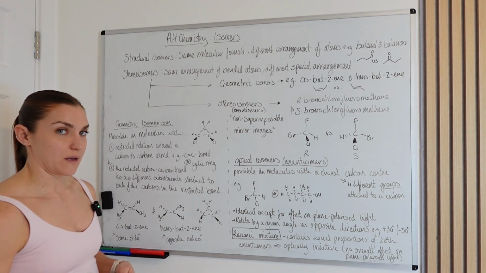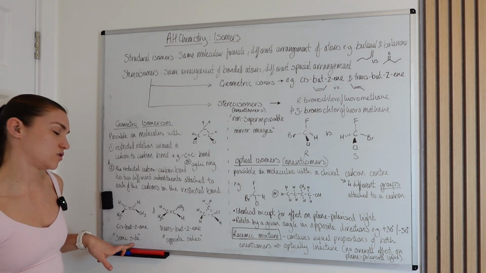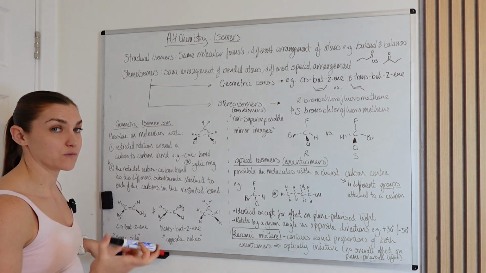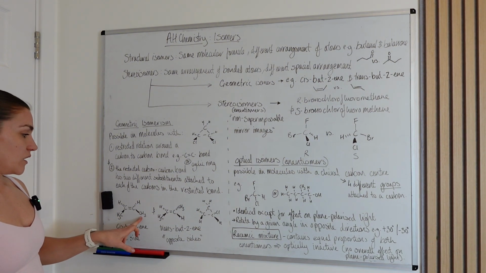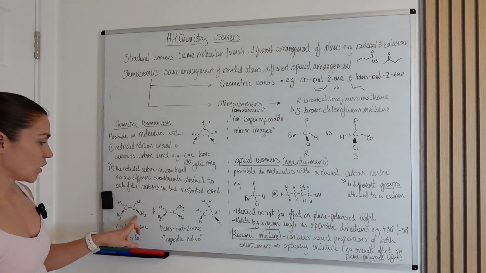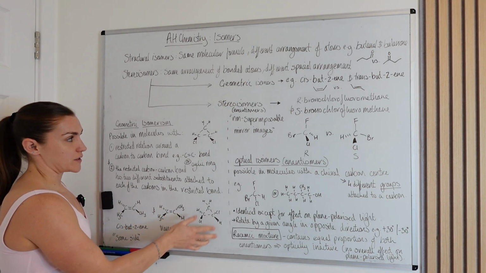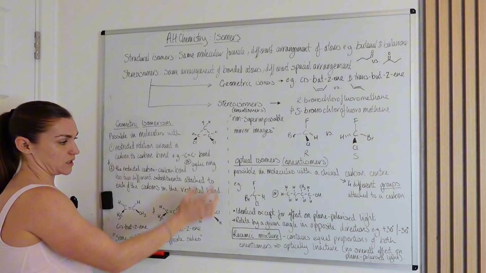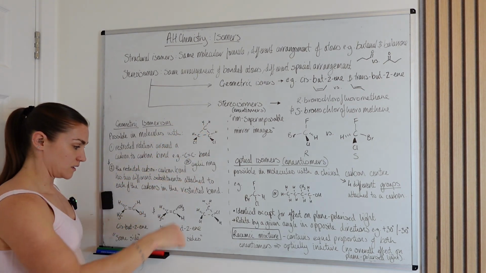When we're assigning geometric isomers, we call them cis and trans. Cis means that the two groups are on the same side. So here you can see the two methyl groups are on the same side of the double bonded carbon bond. Our cis isomer from this one here would be this one, because the chlorine groups are on the same side.